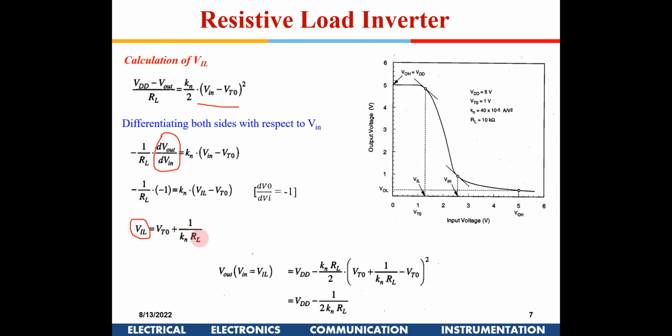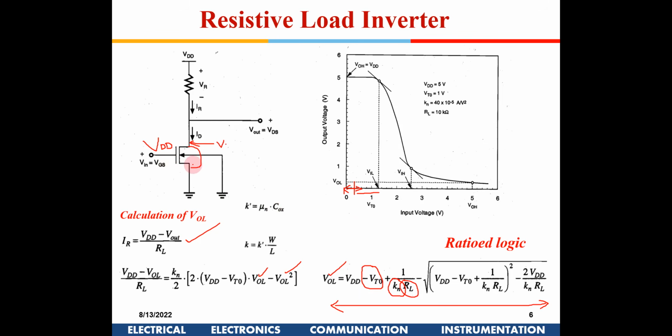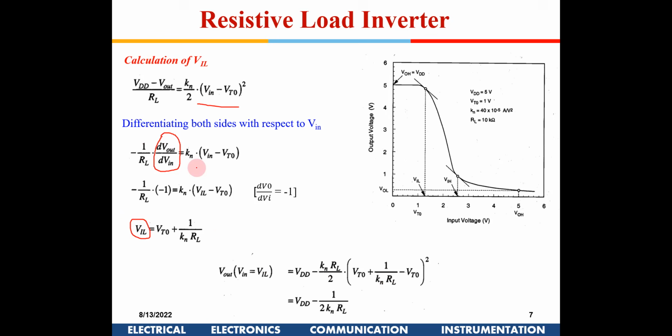Okay, now just yeah, tell me. Sir, can you please repeat why did we equate the saturation equation? Yeah, see, initially to compute VOL, we took the linear region because VDS was very low, right? For saturation, what is the condition?